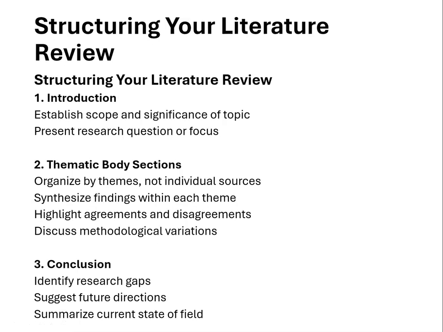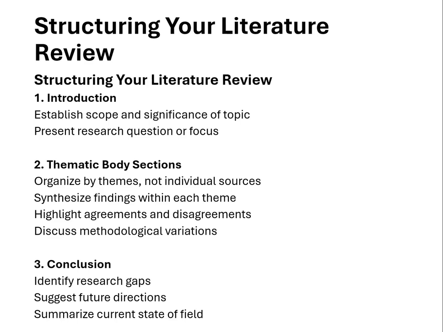Then, as you structure your lit review, make an introduction. You have your primary thesis, you establish the scope and significance of your topic, and your research question or focus, which is your primary thesis. Then you'll have body sections. I would put a heading for each of the body sections and organize them by themes. Within the themes, you'll synthesize your findings.